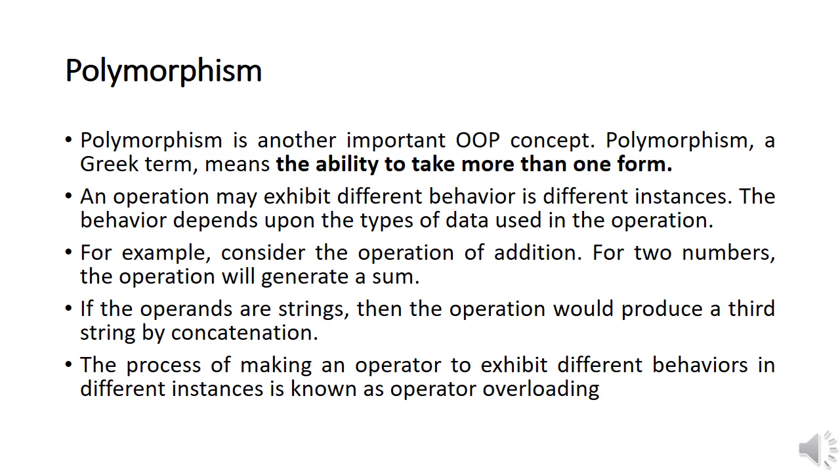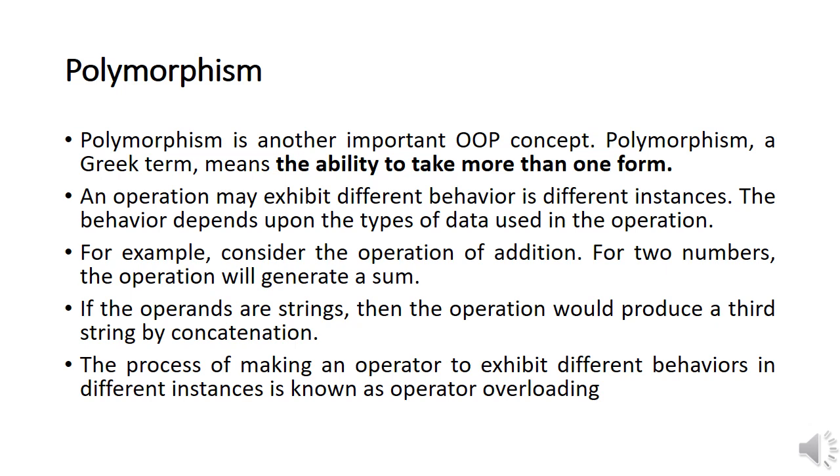For example, if you consider an operation addition, if you are going to add two numbers using the plus operator, it will give you the sum. Suppose your operands are strings, so you are going to sum two strings by using the operator plus.